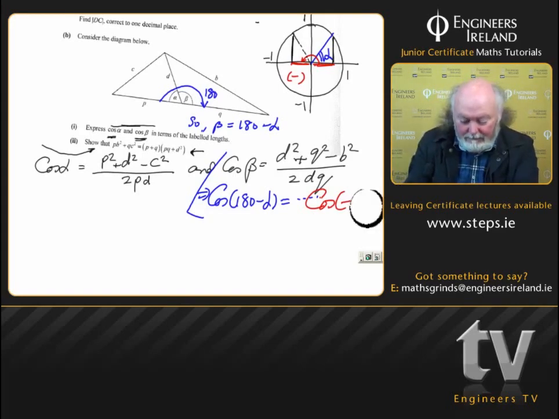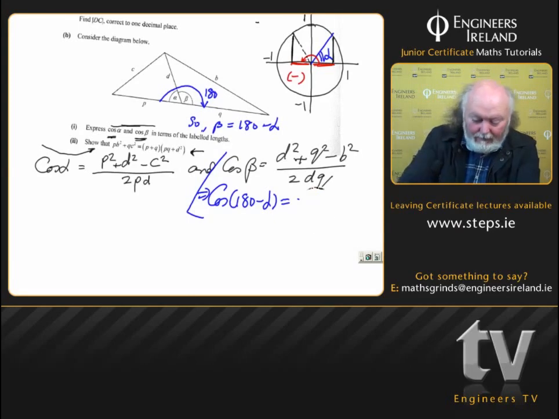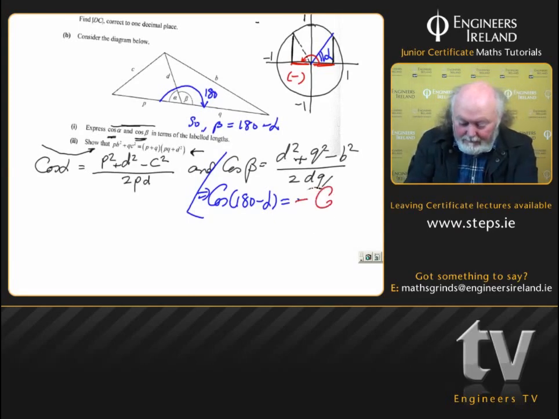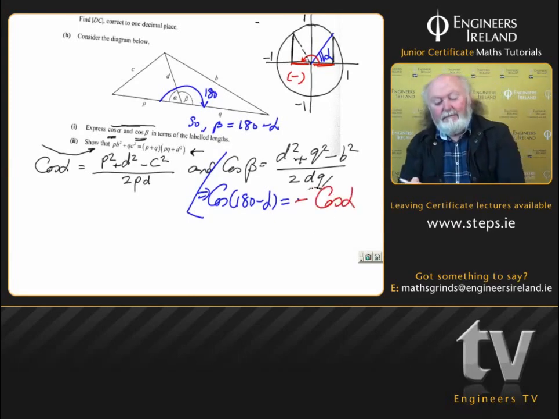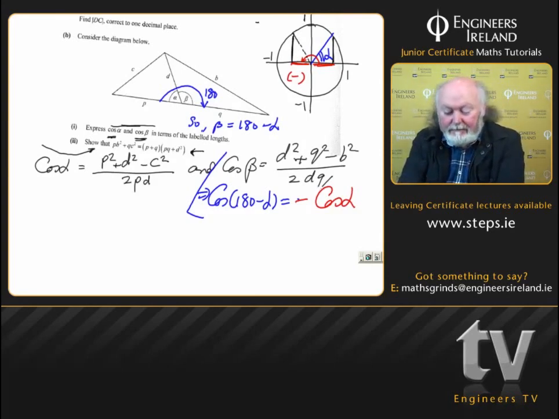Or is this correct? Just look at your little diagram. We are over here looking at cos of alpha, and this one is minus it, so it's minus cos of alpha.